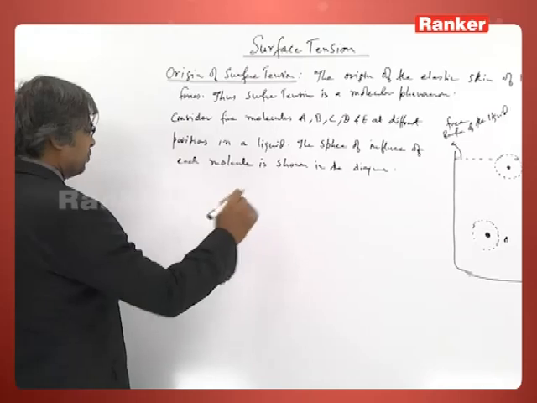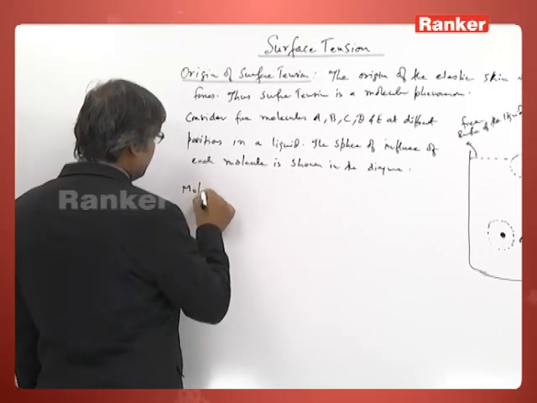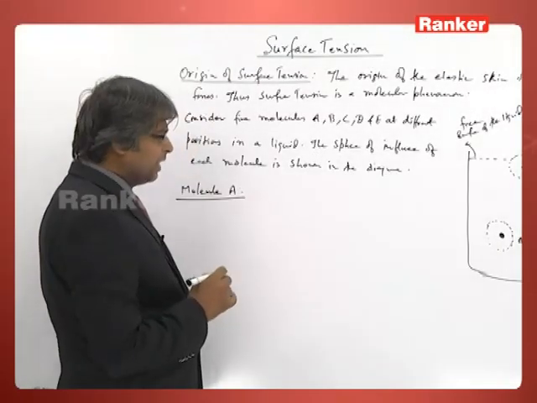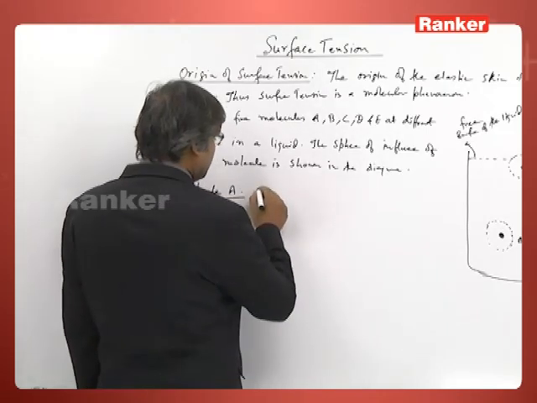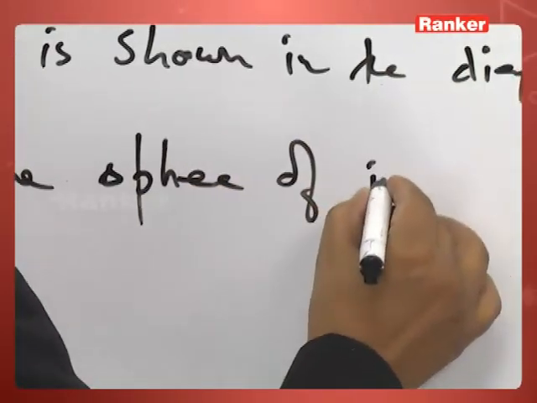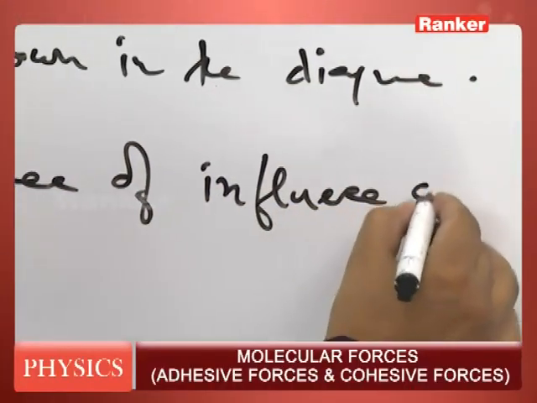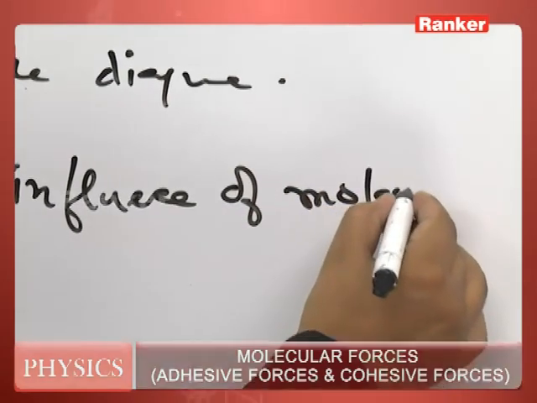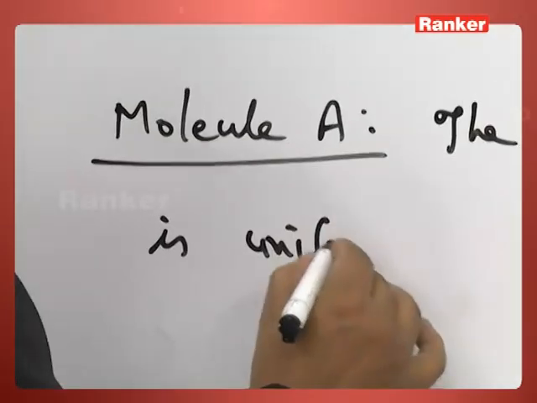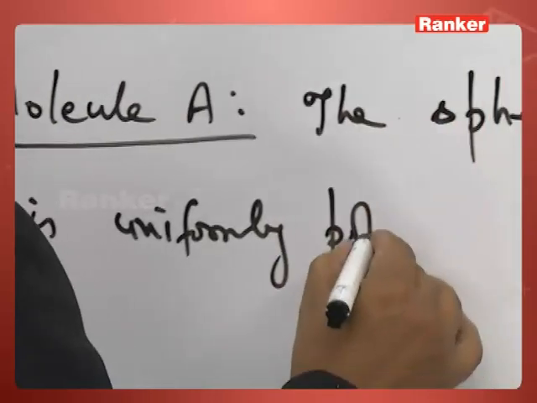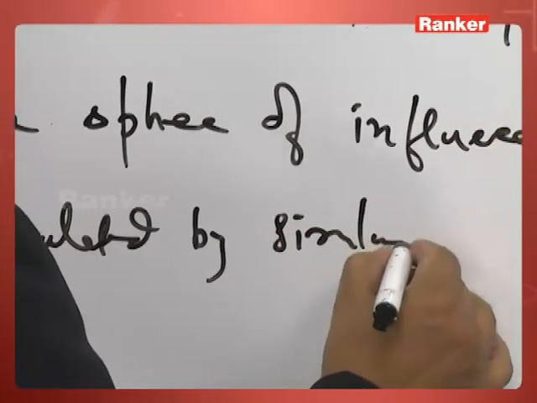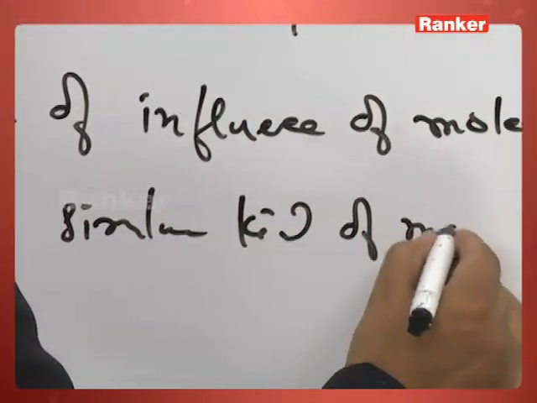So, now let us come to molecule A. Case of molecule A. Now, in the case of molecule A, the sphere of influence of molecule A is uniformly populated by similar kind of molecules.